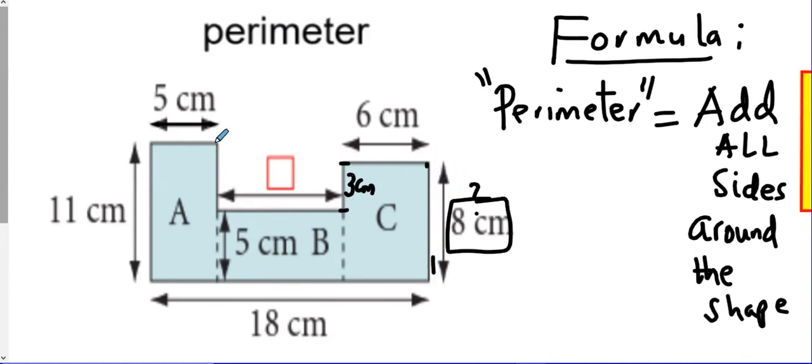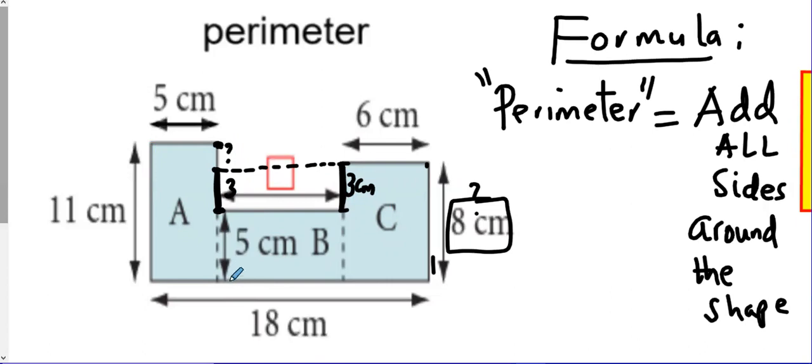Now, how about from here to here? I need to be very careful. Can you see that this portion is 3? Even here to here is 3. Now, what is that small part there?